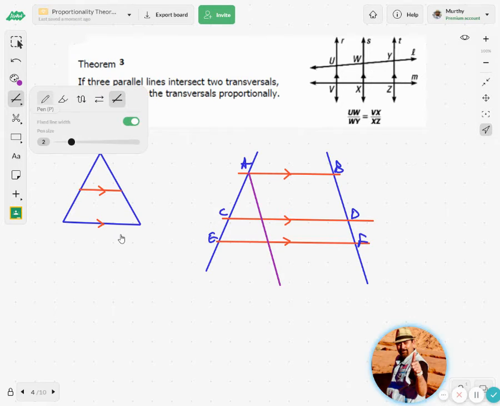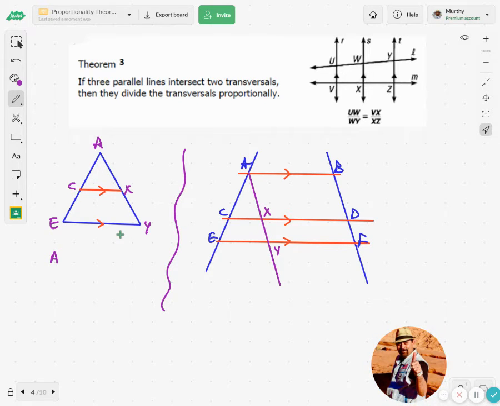Now let me label them as X and Y. You know that in this triangle, let me take ACE and XY, by the proportionality theorem, you know that AC over CE equals AX over XY, right? In the same way, in this triangle, I can take AC over CE equals AX over XY, right?